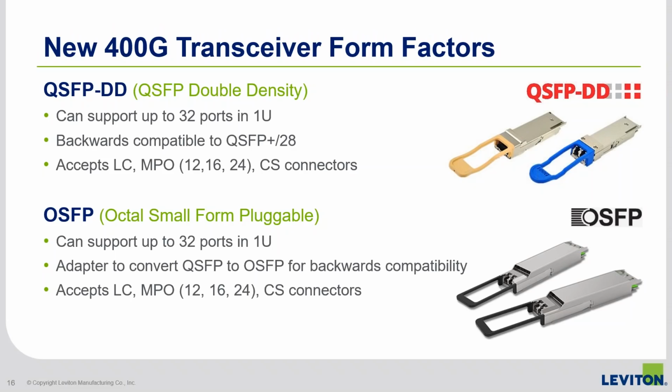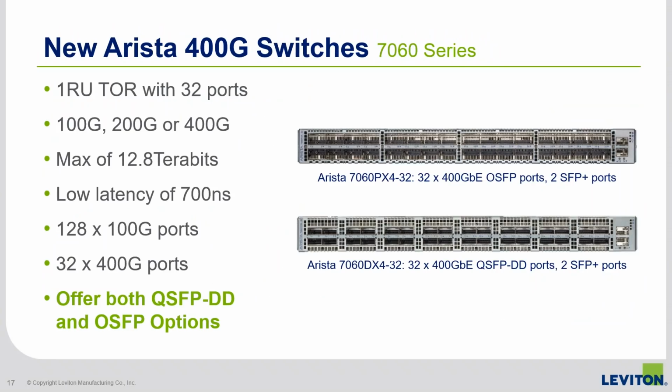But there are options, and you'll see various switch manufacturers, some offering one or both of these. If we start out with the first one, Arista, they introduced their 7060 series top of rack switch, 32 ports, 12 terabits as we talked about.